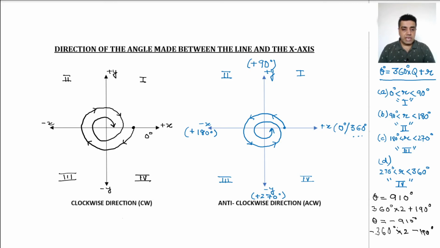Now, as we move from the fourth quadrant to the third quadrant, in between I'll get minus y, which is minus 90 degrees. When we move forward, this is minus 180 degrees. When we still move forward, this is minus 270 degrees.